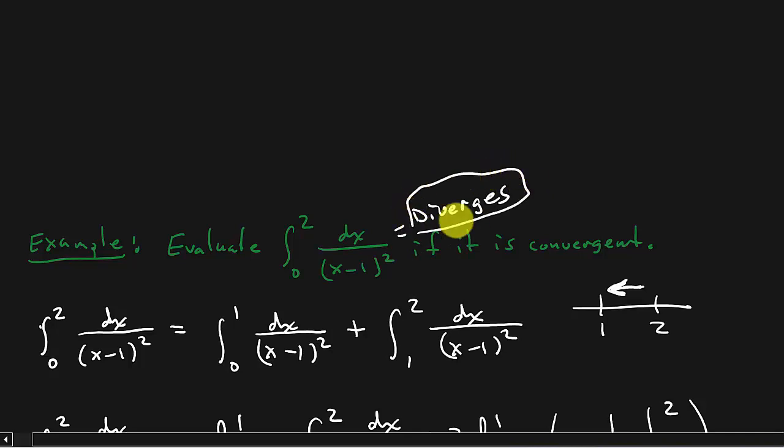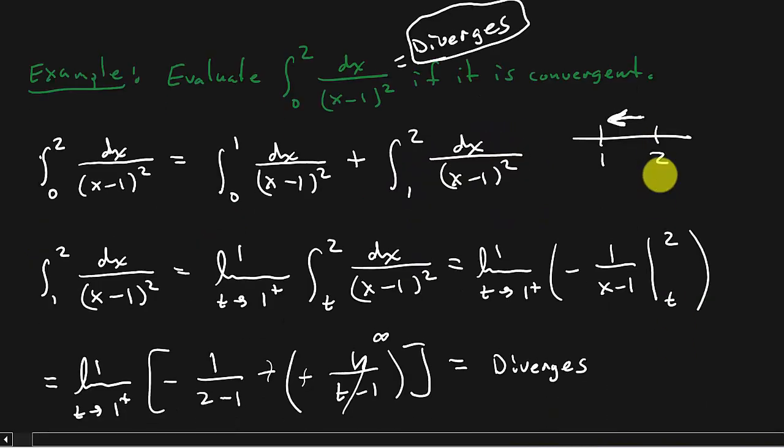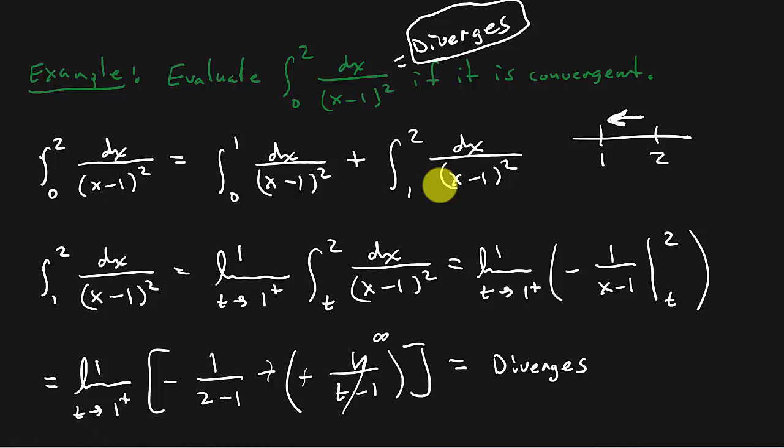You might be thinking, well, you did that one, but you didn't do the other one. Well, if I do one of them and one of them diverges, that's it. You don't have to do the other one. It's probably going to diverge too, but we don't have to even worry about showing that.